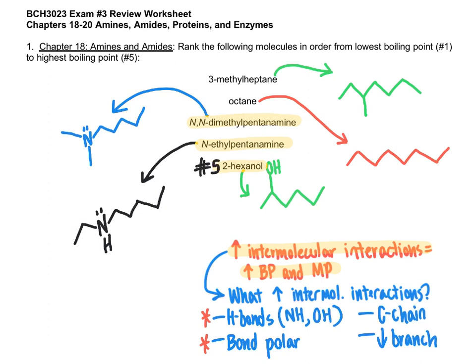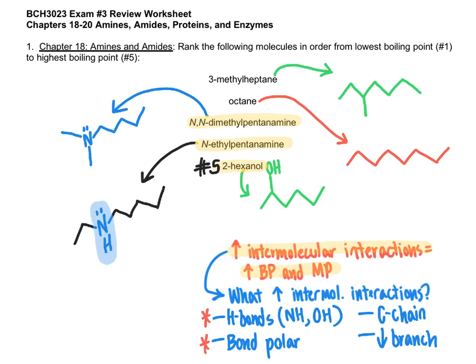So I'm going to put that as number 5 here, because we're asked to rank from lowest to highest, with highest being number 5. Then numbers 3 and 4 are going to be our amine molecules. Evaluating these amines, they each have the same number of carbon atoms. In one case, we have the NH bond present. That's our N-ethylpentanamine.